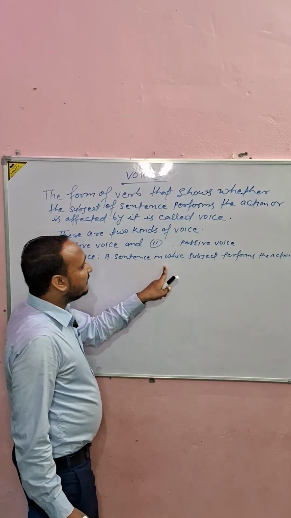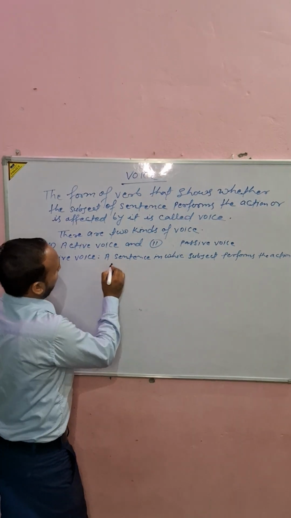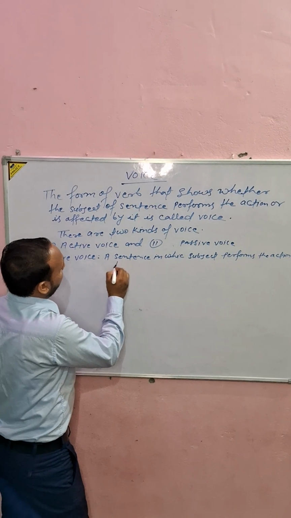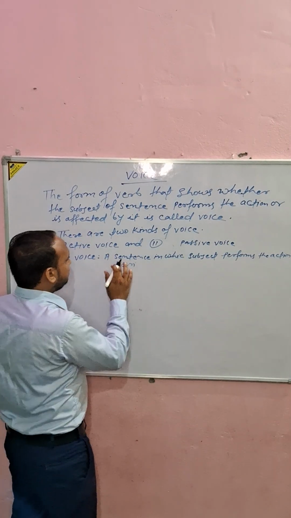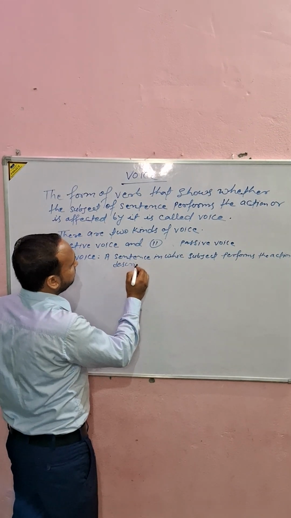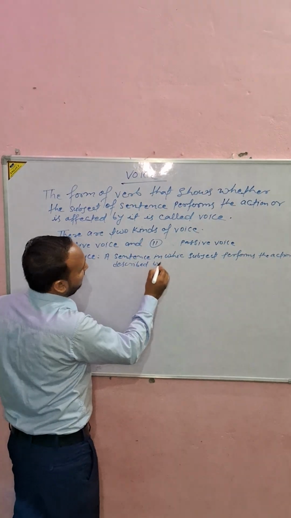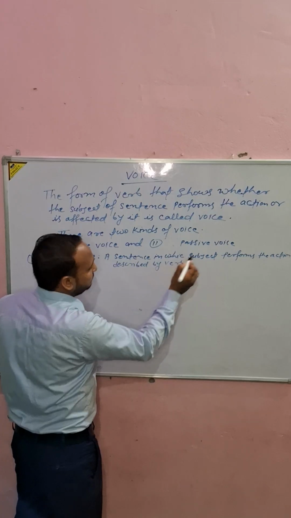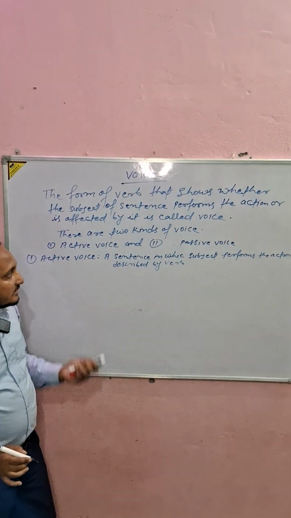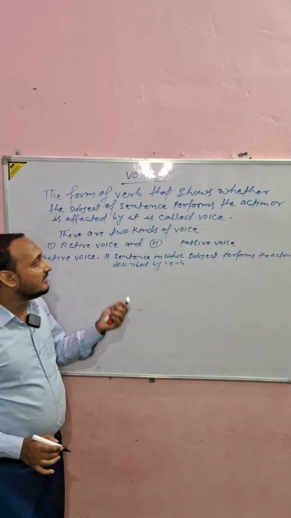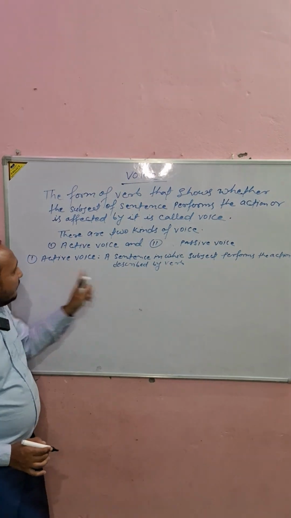A sentence in which the subject performs the action described by the verb is called active voice. What is active voice? A sentence in which the subject performs the action described by the verb is called active voice.